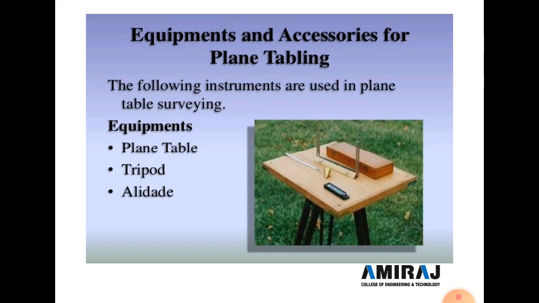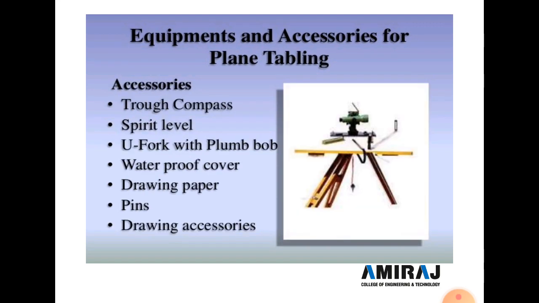All these we discuss in the next slide. The accessories used are a trough compass, spirit level, U-fork with plumb bob, waterproof cover, drawing paper or sheet, pins to fix the drawing sheet, and drawing accessories like pencil, scale, eraser, etc.